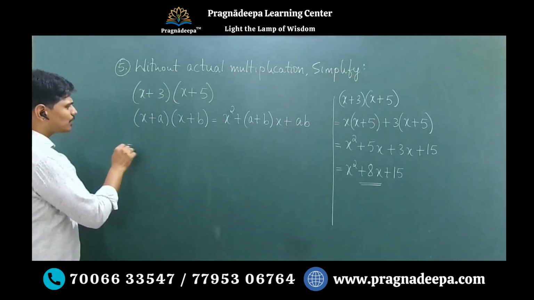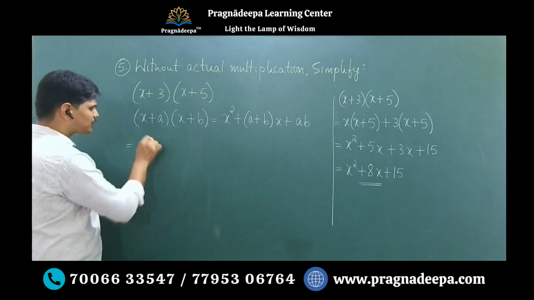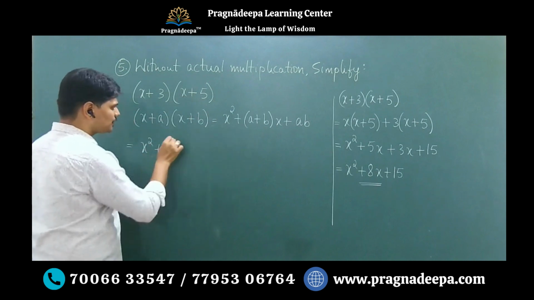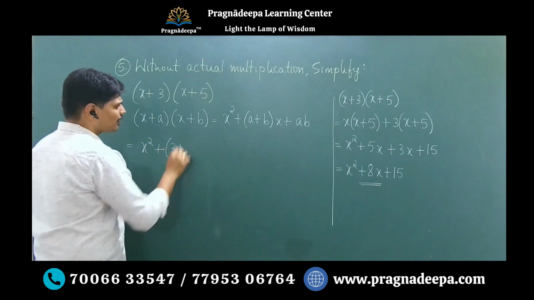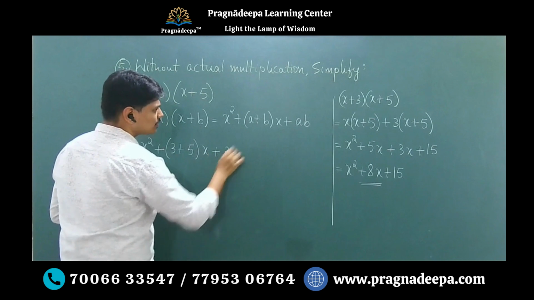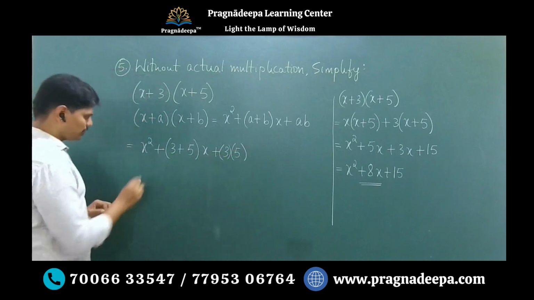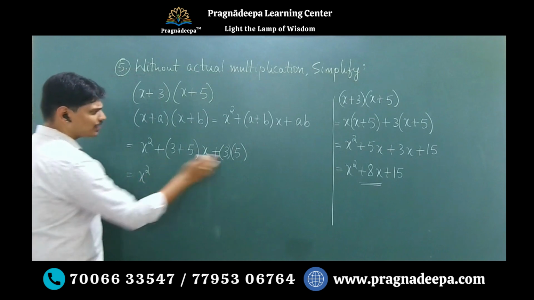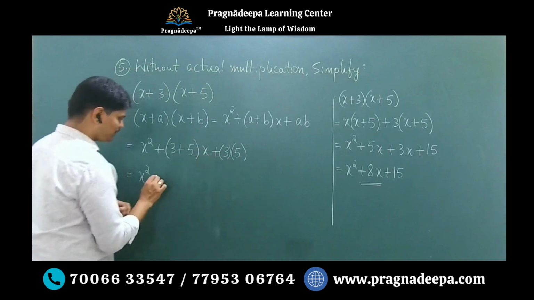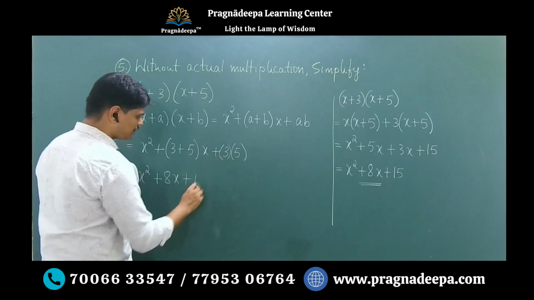So let's come back to our problem. Since x is there, I get x squared, plus a is 3, b is 5, so plus 3 plus 5 times x, plus 3 into 5. So simple simplification of addition and multiplication. 3 plus 5 is 8x, 3 into 5 is 15.